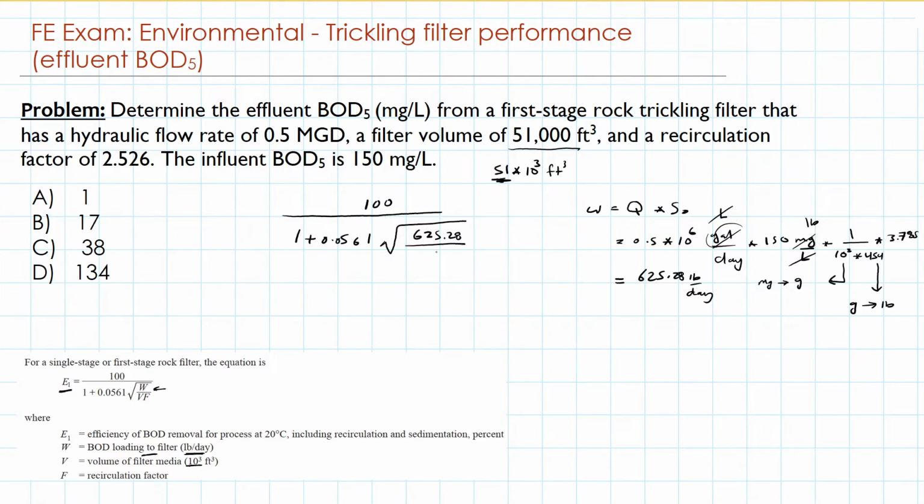This is the number we are taking inside, so it's 51 multiplied by the recirculation factor, which is 2.526.